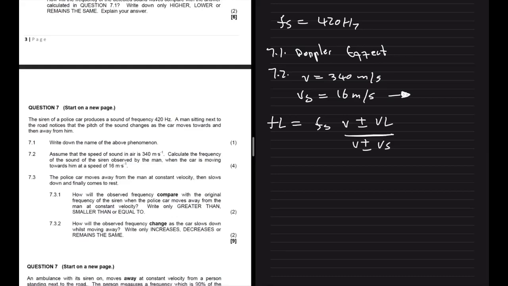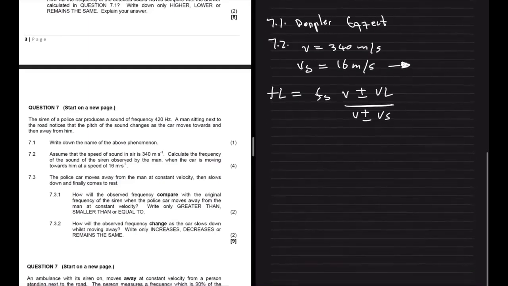Maybe the right thing to do right now is pause the video and try it out by yourself and see if you will get the answer right. I'm assuming you paused the video and tried it by yourself, and now we can do it together. We're interested in finding the frequency observed, so that is FL.